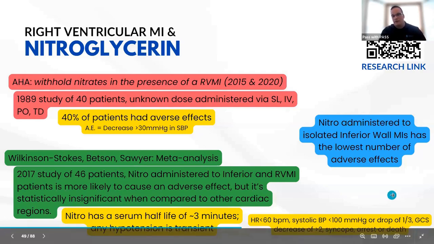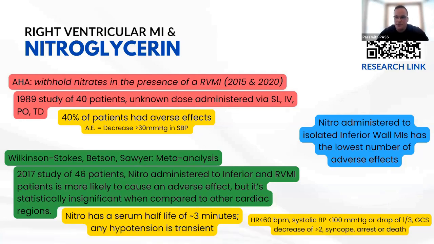So another really interesting thing from these studies was that nitro administered to isolated inferior wall MIs, so just elevation in 2, 3, and aVF with the right side being fine, had the lowest number of adverse effects.